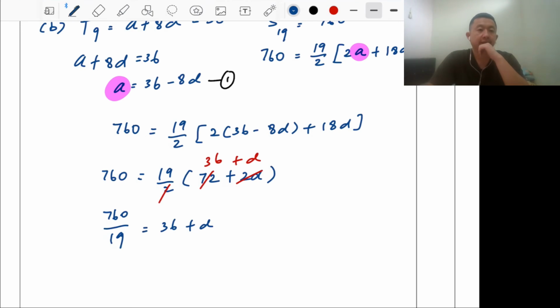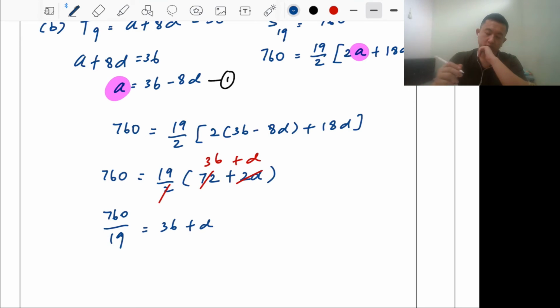36 minus 8d, 19 over 2, that's 1. 2a minus 18d, that's 1. 760.